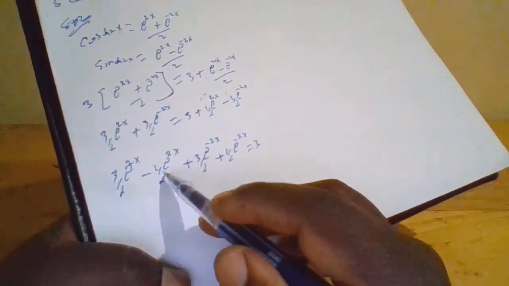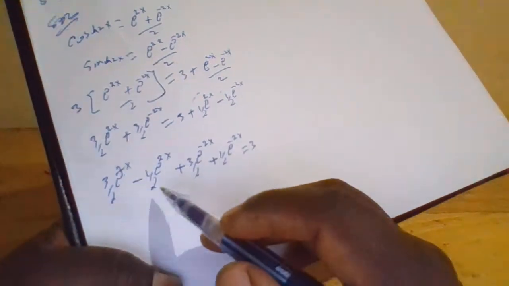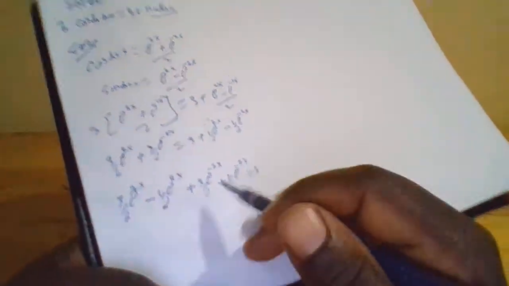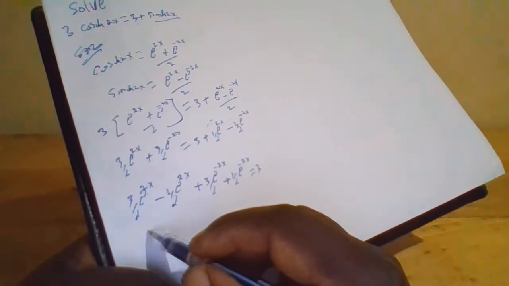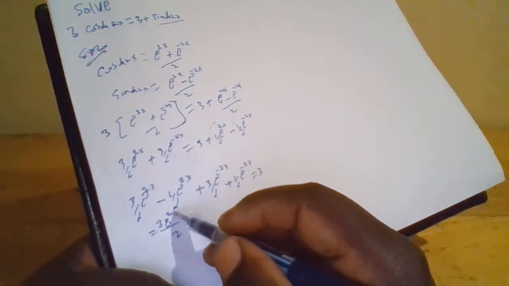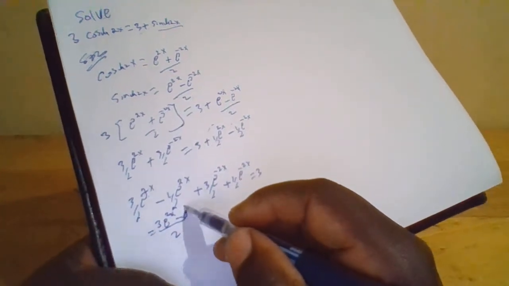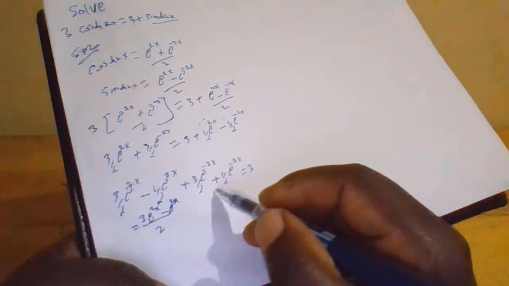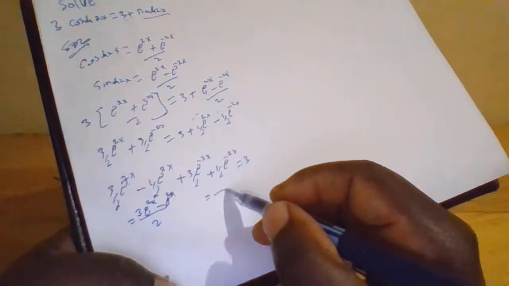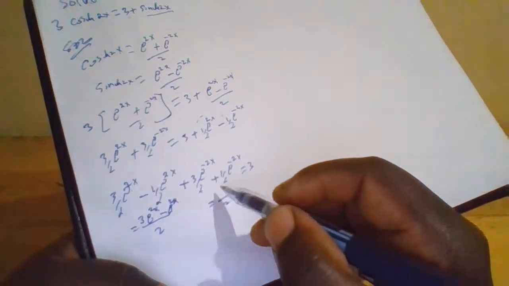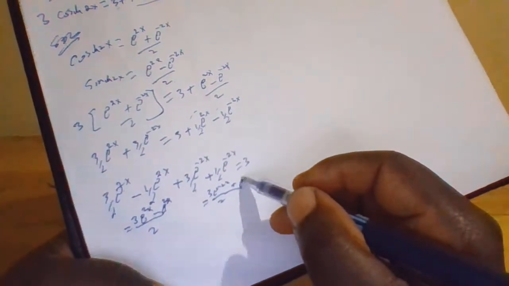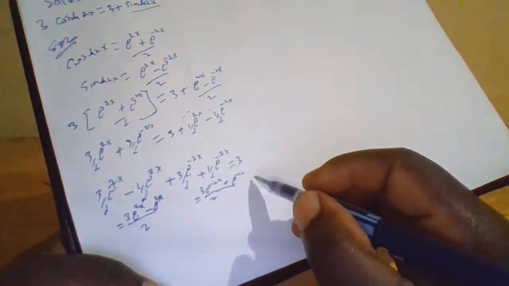Now we can subtract: 3 over 2 e^(2x) minus a half e^(2x). The LCM here is 2, so we have 3e^(2x) minus e^(2x). Then the LCM here will be 2, so we have 3e^(-2x) plus e^(-2x) equals 3.